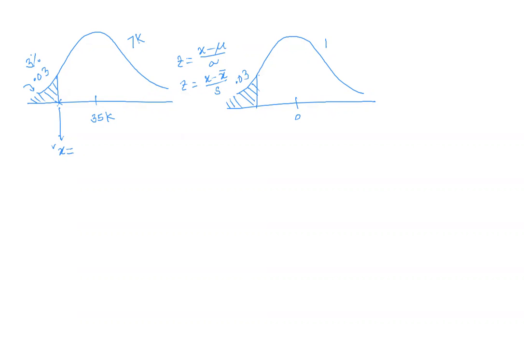Now we need to find this z value, and once we find the z value, we can use this formula to map this z to the corresponding x in the normal distribution that we are considering. So that's the strategy: we go from normal distribution to standard normal distribution using this formula.